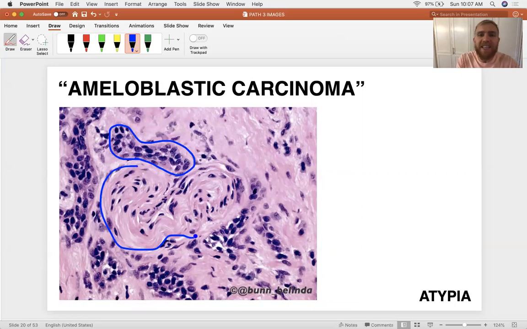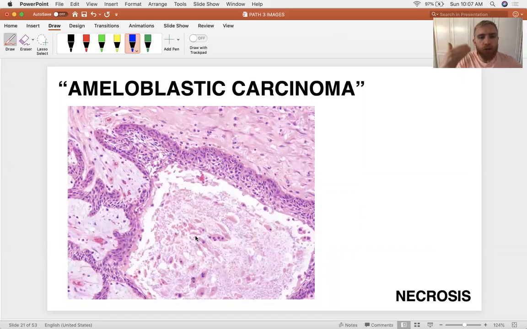So this is dedifferentiation that you're observing, which means that the cell is changing shapes to a shape that it doesn't normally occupy. And then you will also see some necrosis with an ameloblastic carcinoma, because more necrosis, worse prognosis for the tumor. And the necrosis here is represented by this zone in the middle.